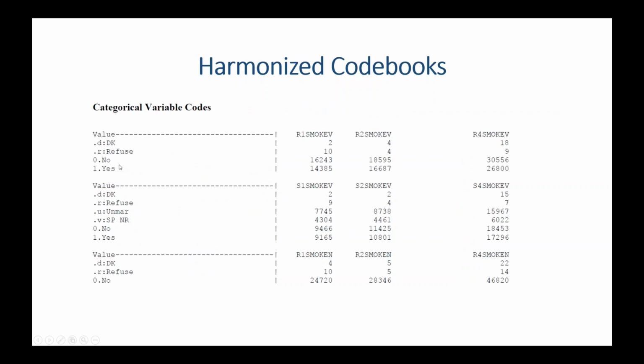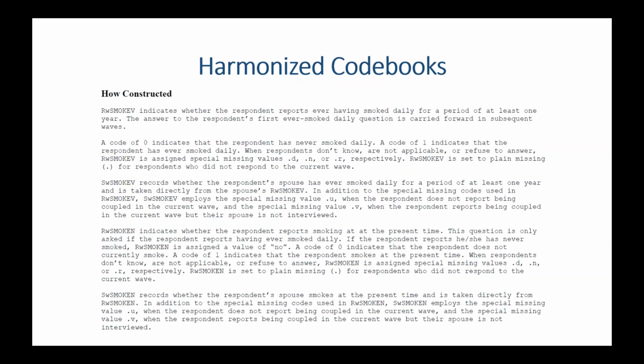And then we've also assigned different kinds of special missing values, which are used in SHARE and Stata. So this is a missing value, but it's a missing value with a little bit of extra information. So for instance, it can be missing because someone refused or because someone didn't know the answer. And you might want to treat those differently in your analysis. So we flag those differently. We then have this how constructed text.